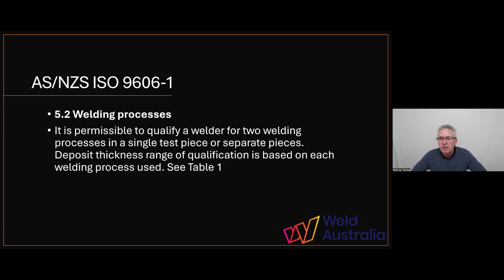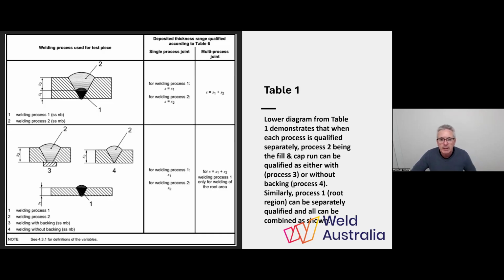So if you look at table 1, and I'll show you right here, it means what we're looking at now. Let's say, for instance, we've got a butt joint, and we've decided to use one process for the root, and then we've used another process for fill and cap. What it means is our range of qualification is then governed by the thickness of the deposited weld.